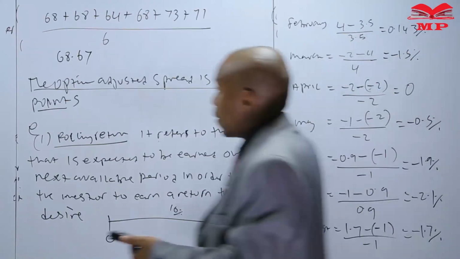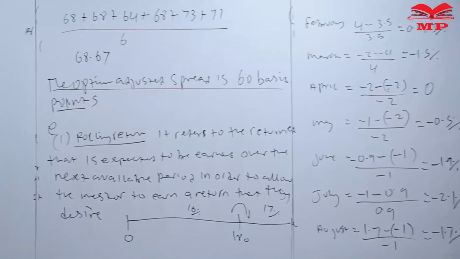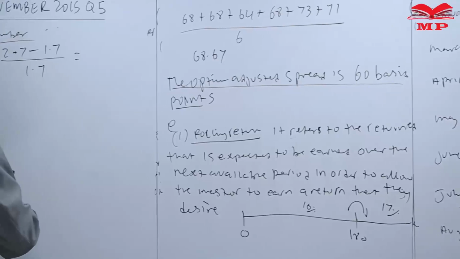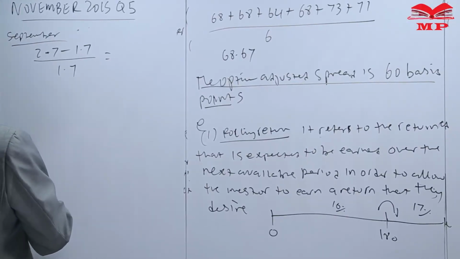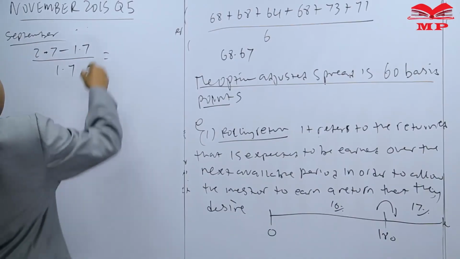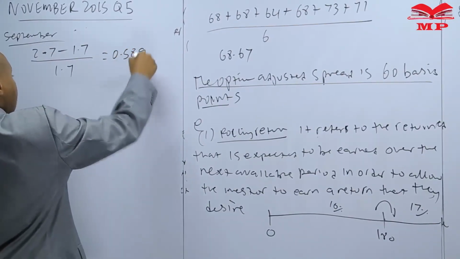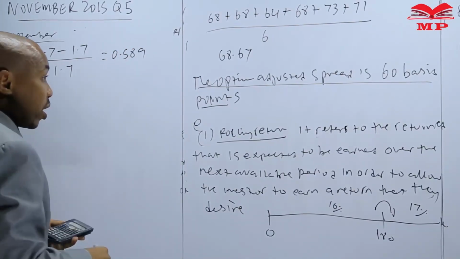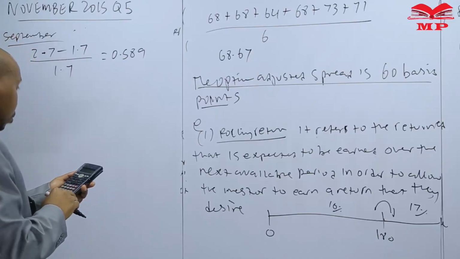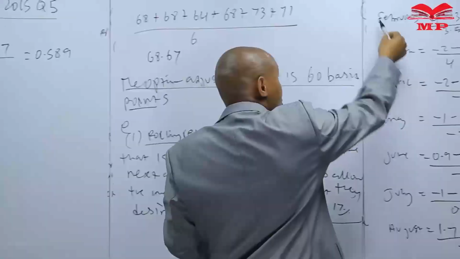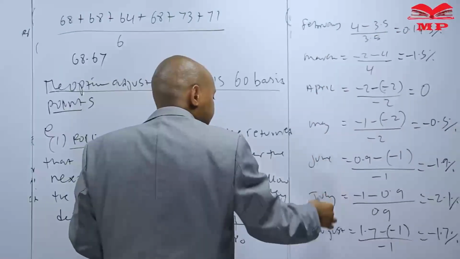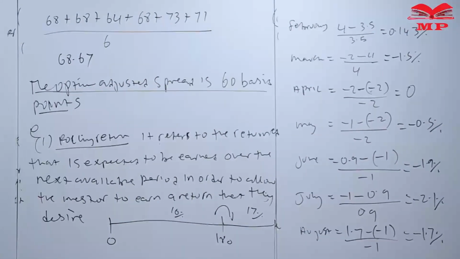Finally, September: 2.7 minus 1.7 divided by 1.7, 0.5889. So we add all of them and divide by how many periods? We're talking about 8 periods: 1, 2, 3, 4, 5, 6, 7 and 8.